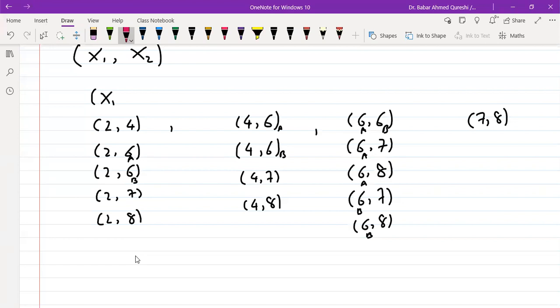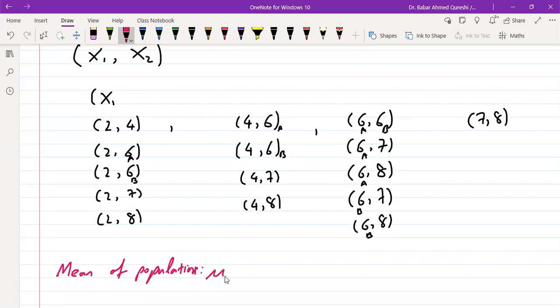So for example, you want to know the mean of the population. What is the mean? This is some characteristic, some information you want to know about the population.